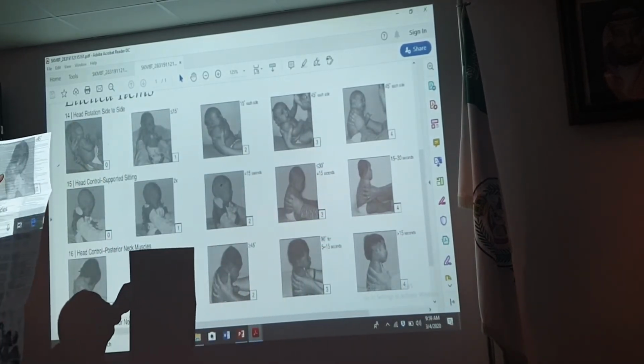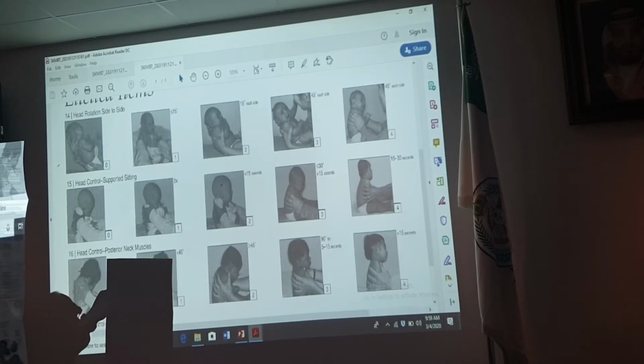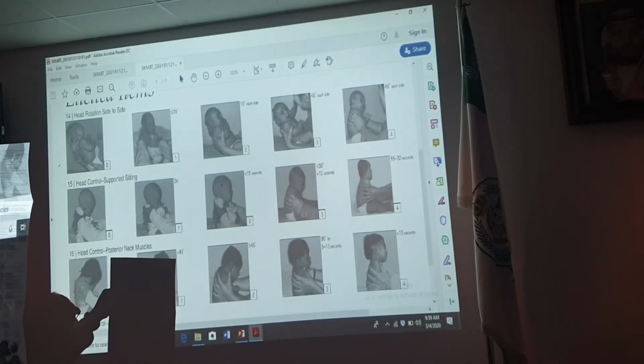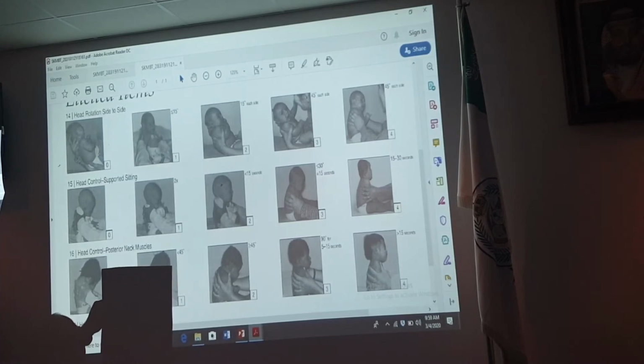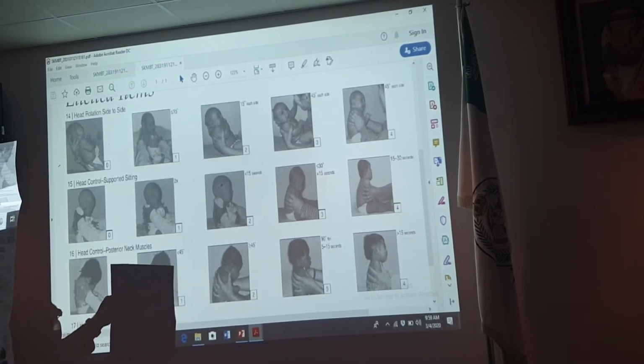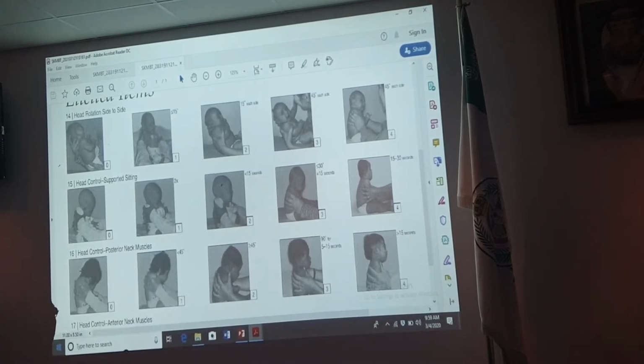Number 15. Infant is held upright in vertical sitting on a support surface facing the examiner, supported at the shoulder with upper arms held at the side of the trunk. See, from here they are explaining till here. When you have the explanation, it goes from this position to this position.